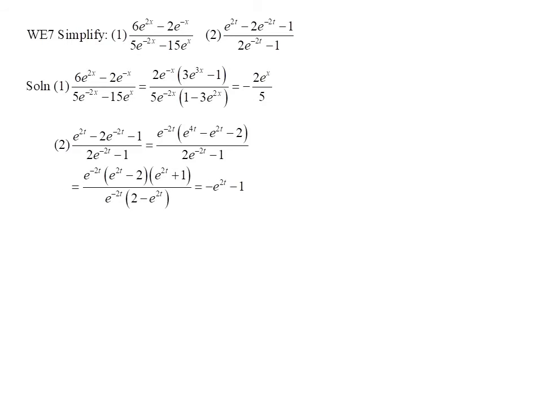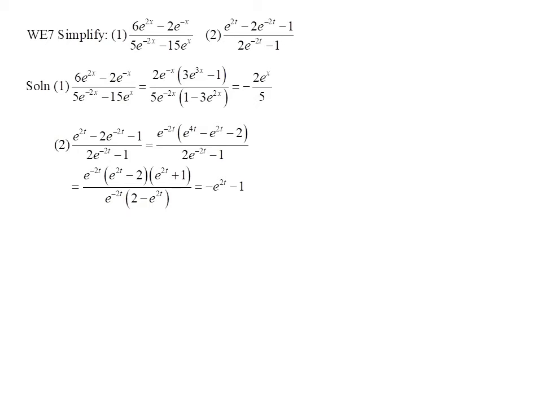As for the second exponential expression, after the factor e to the -2t is taken out from the terms in the numerator, the remaining terms can be factorized using the cross product method, which results in e to the 2t minus 2, in parentheses, multiplied by e to the 2t plus 1, in parentheses.